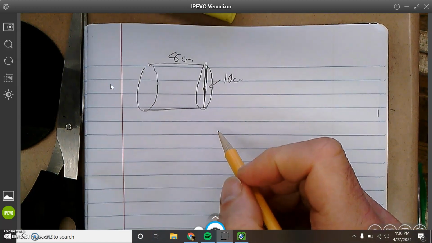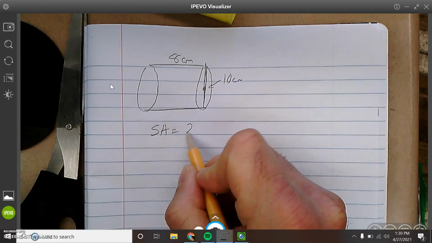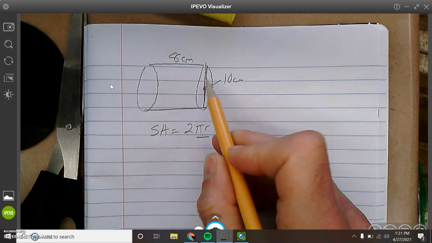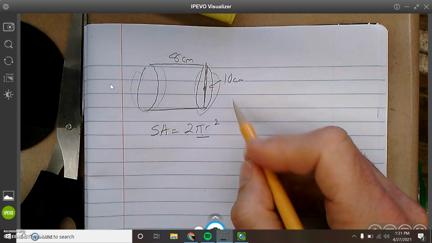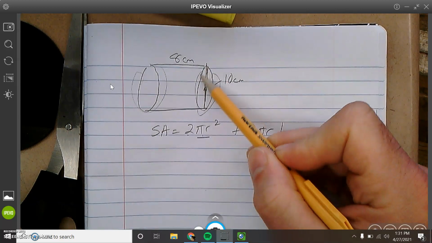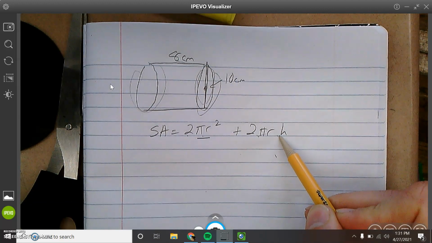All right, so we have to find the surface area, which is 2 pi r squared, the two circles, plus 2 pi r h, which is the circumference times the height, which is the rectangle.